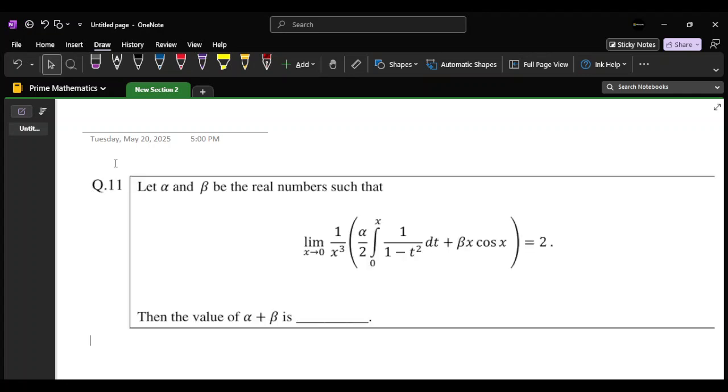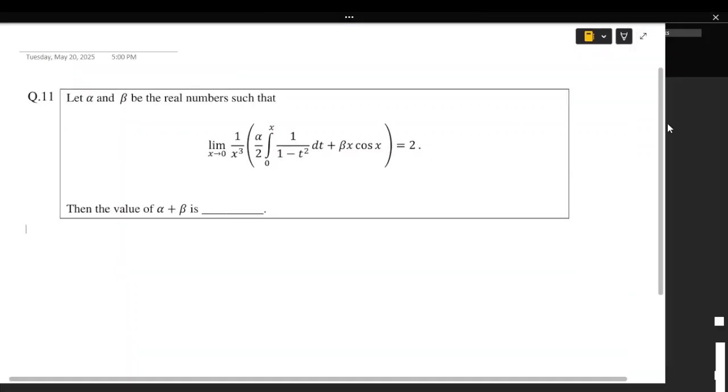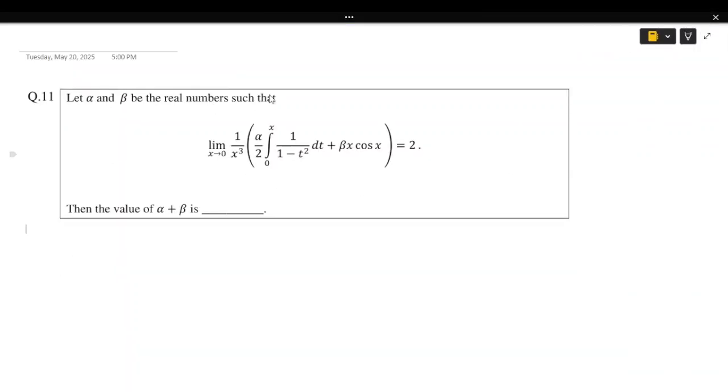Today I am going to discuss the 2025 paper 1 problem, which is given as: let alpha and beta be real numbers such that this equation is satisfied by these alpha and beta, and we need to find the values of these alpha and beta. That's our main objective.